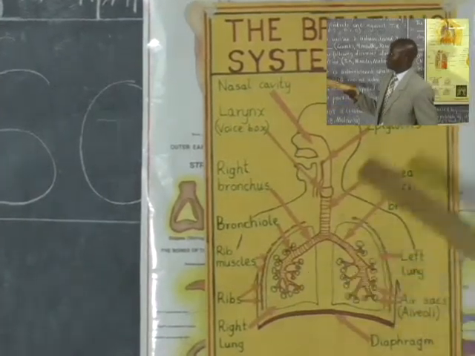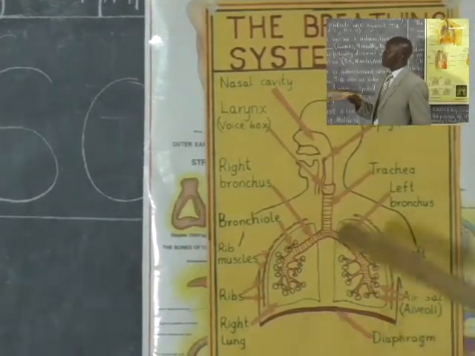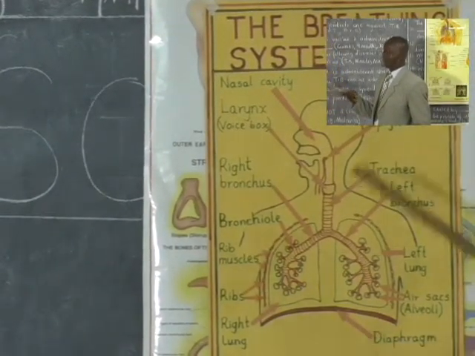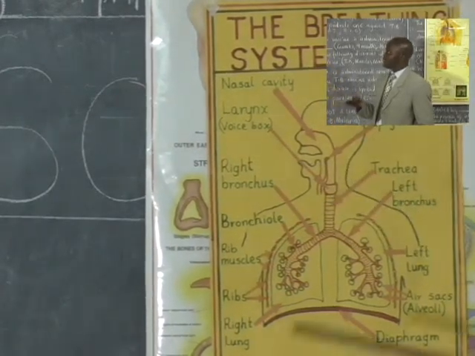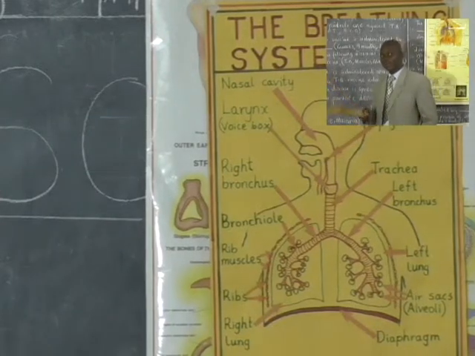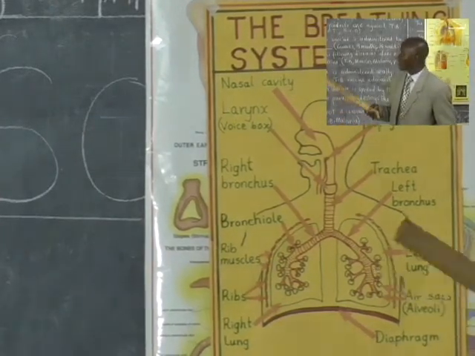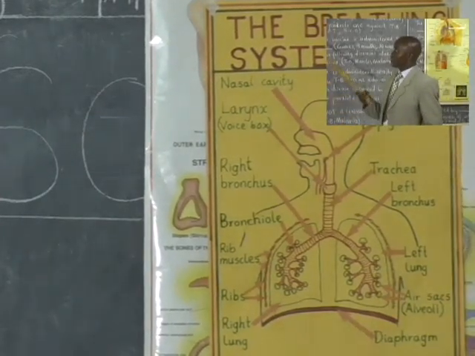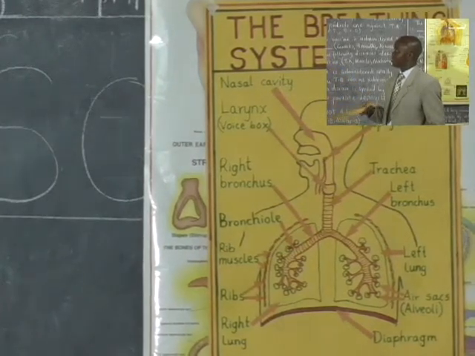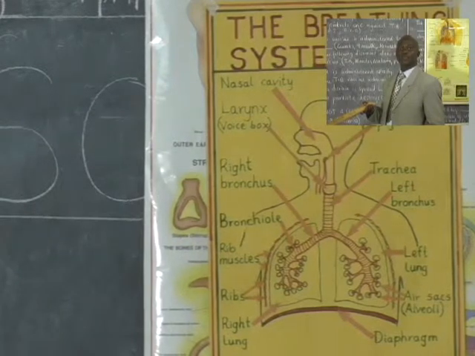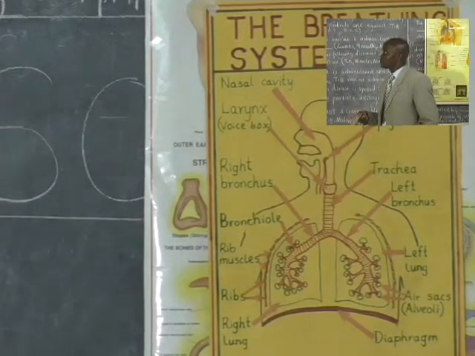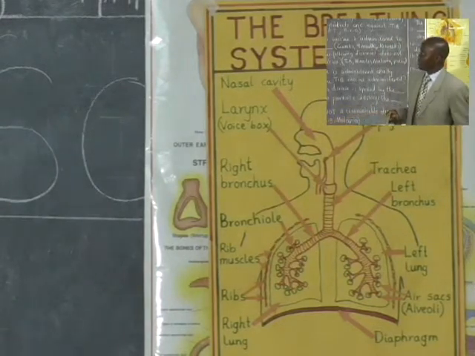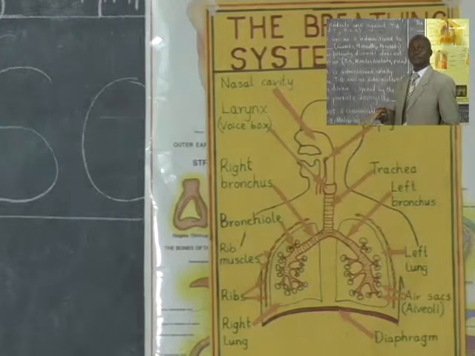As we understood in the previous topics, the human body comprises several other systems, namely the reproductive system, as I mentioned, and we agreed that the reproductive system involves the reproduction of a human being, that is, by the use of the male and the female sex cells.